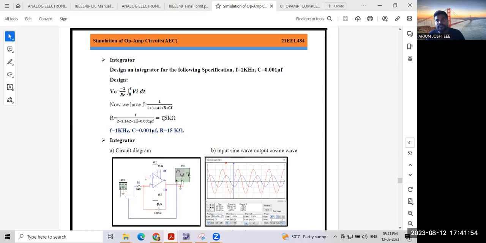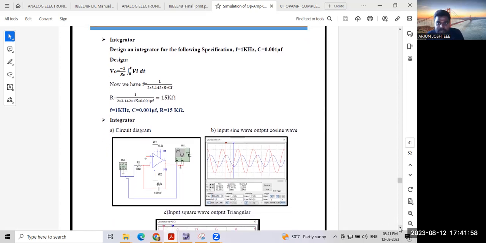I'm going to consider 15 kilo ohm only, because in a practical experiment we're not going to get 15.9 kilo ohm, so the next available value is 15. In the MULTISIM platform, you can consider 15.9 also. Now F is equal to 1 kilohertz, C equal to 0.01 microfarad, R is equal to 15 kilo ohm.